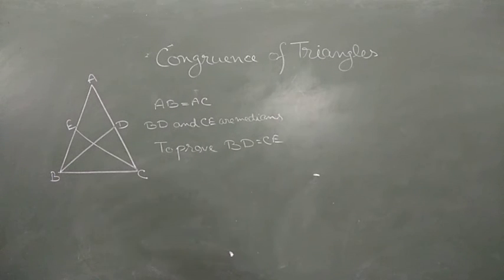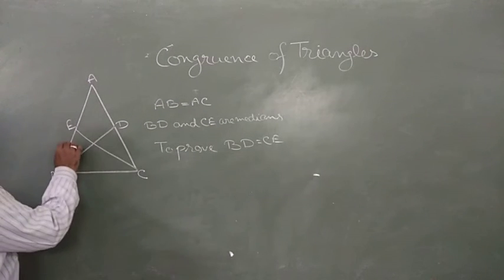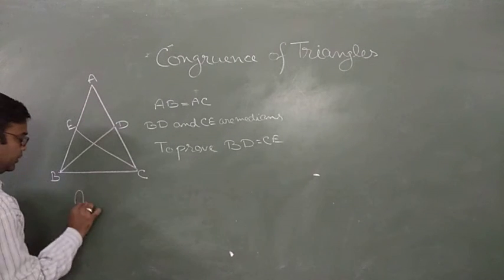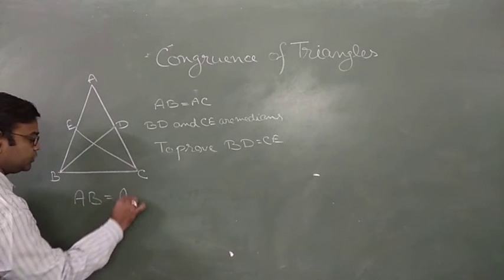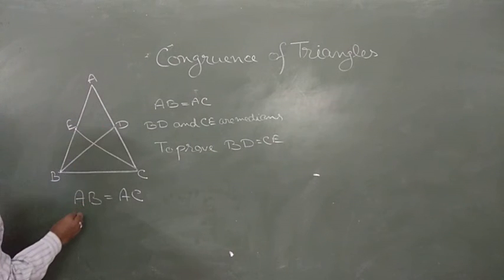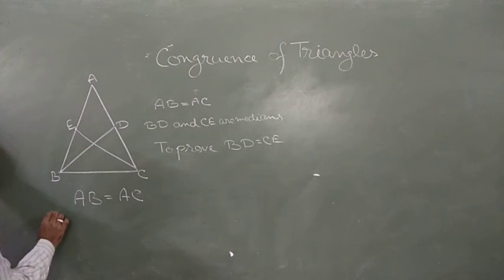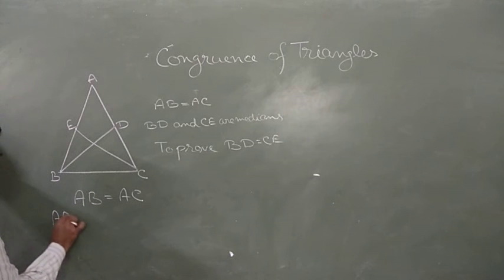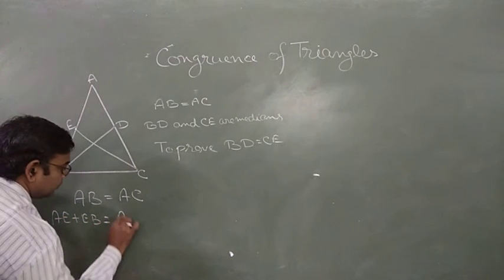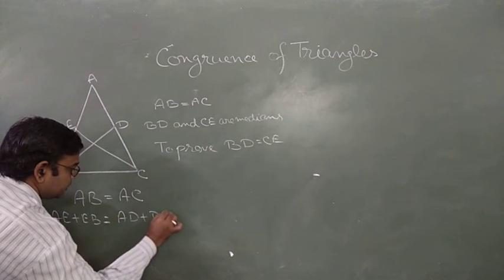How do we prove that? It's a very easy one. As we know, AB equals AC, and E and D are midpoints, so we can write down AB equals AE plus EB equals AD plus DC.